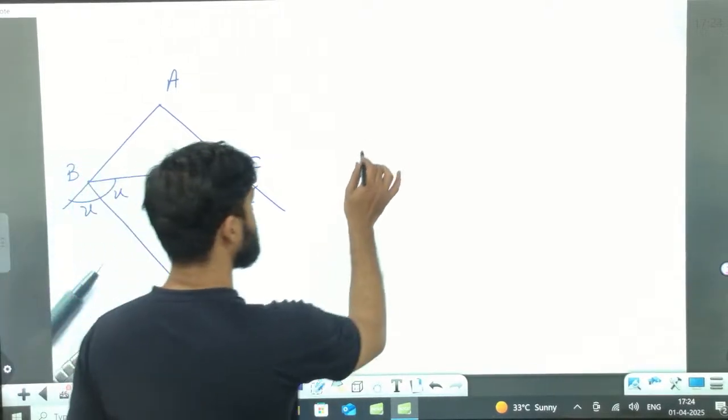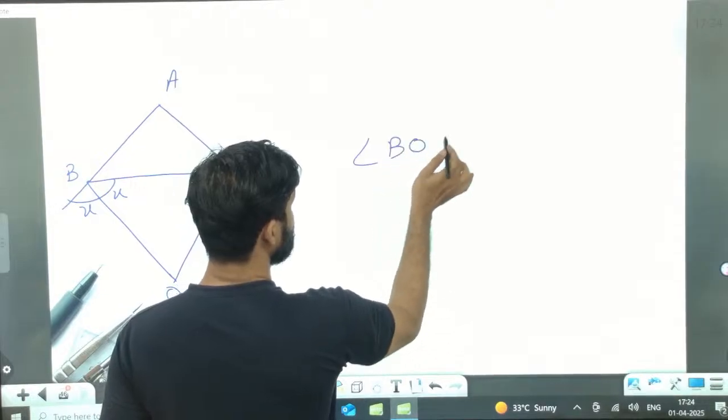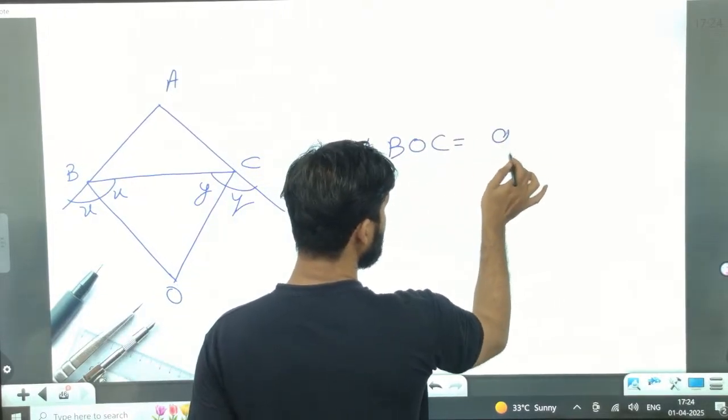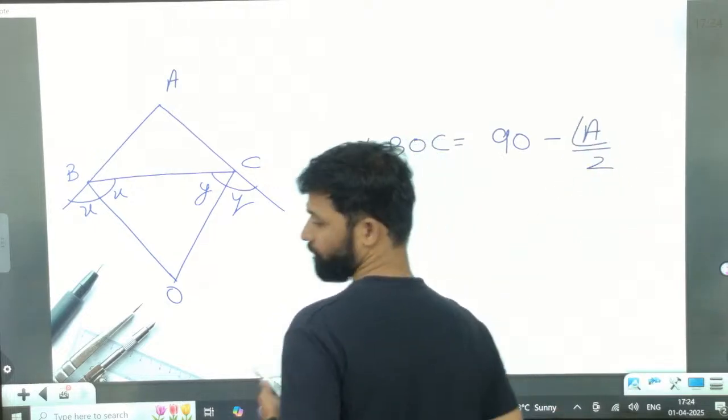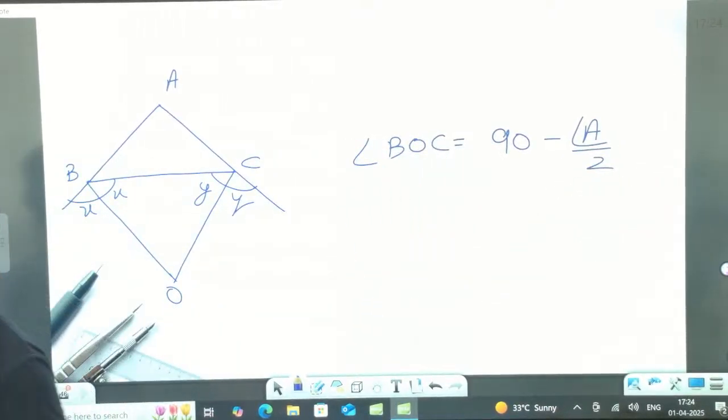So in this case, the value of BOC will be 90 minus half of A. 90 minus half of A. Okay.